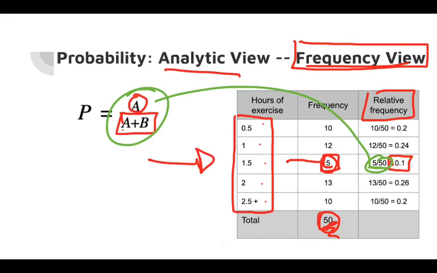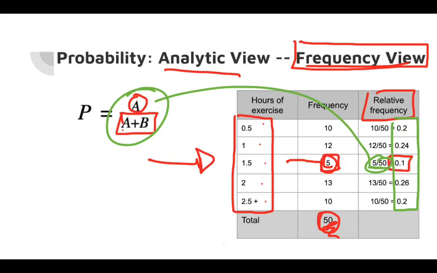So if you're ever looking at a frequency distribution and they've given you the relative frequencies, essentially what they've given you there are the probabilities of an individual being in a given group and having the attribute of that group, based on the sample that you're looking at.